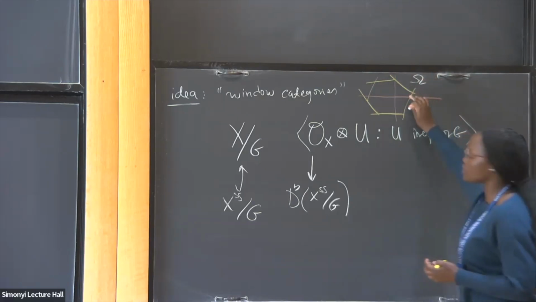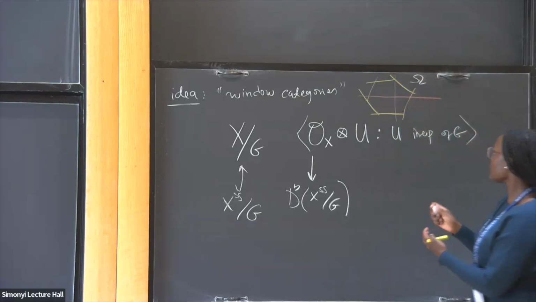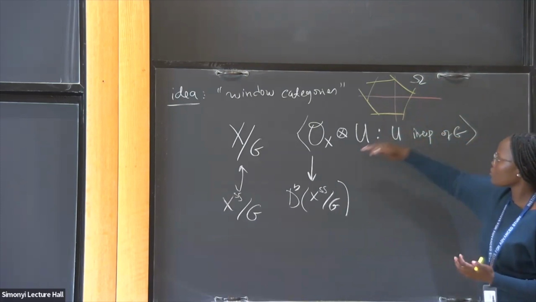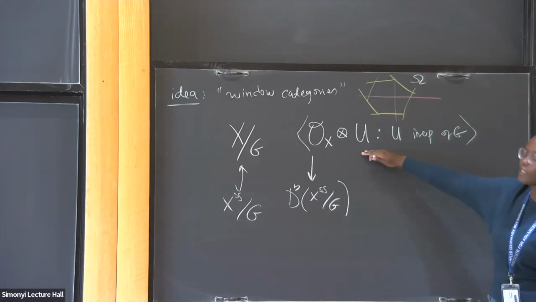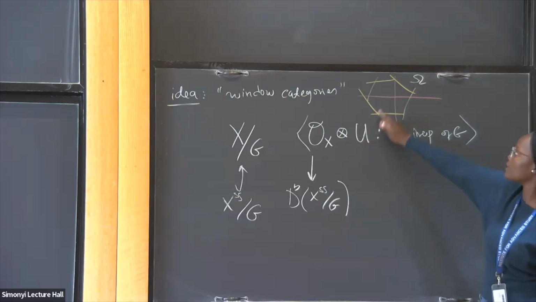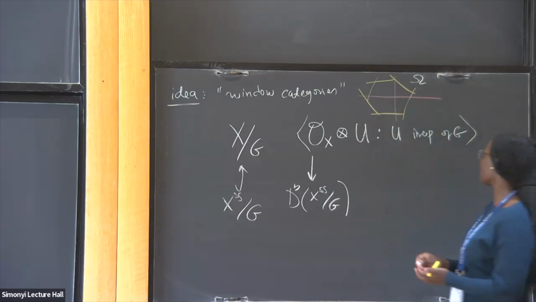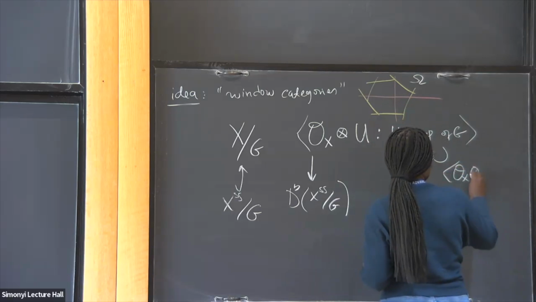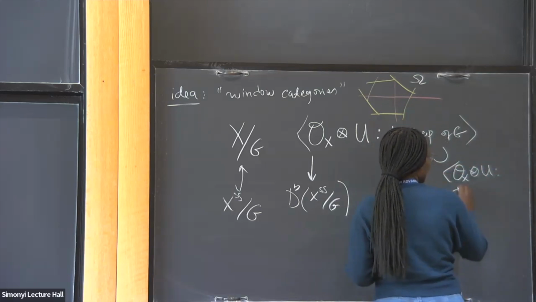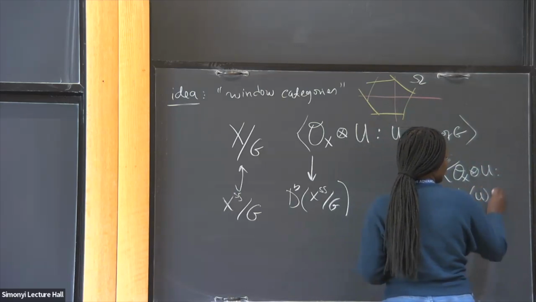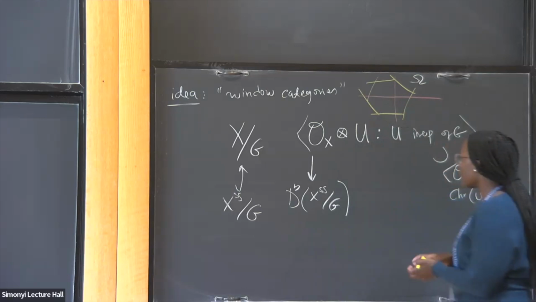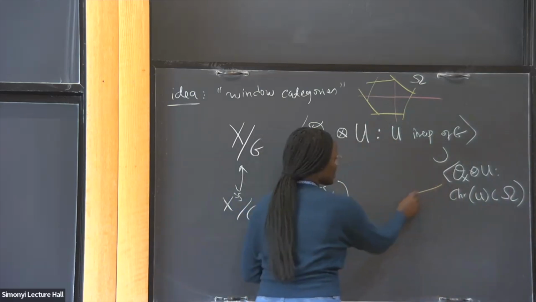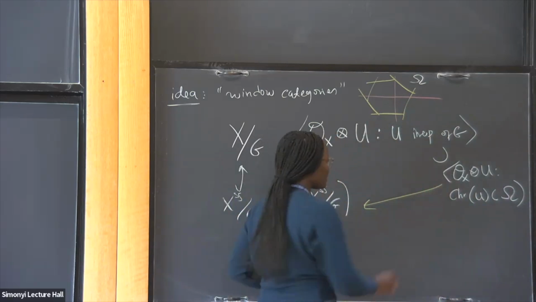Let me call this region omega. I restrict to those O_X times U such that the character of U is in this omega.